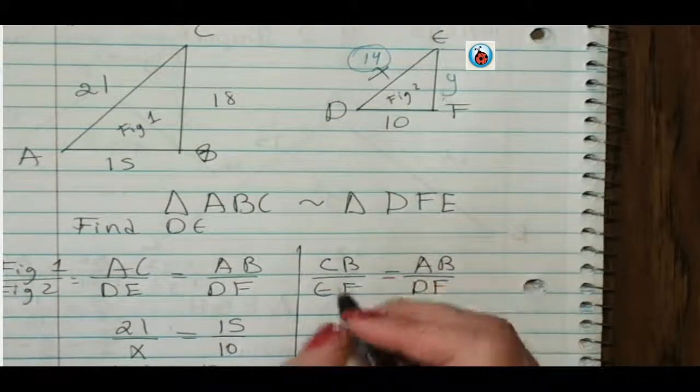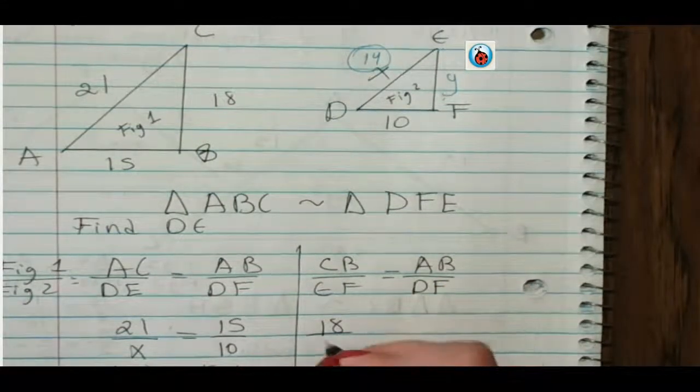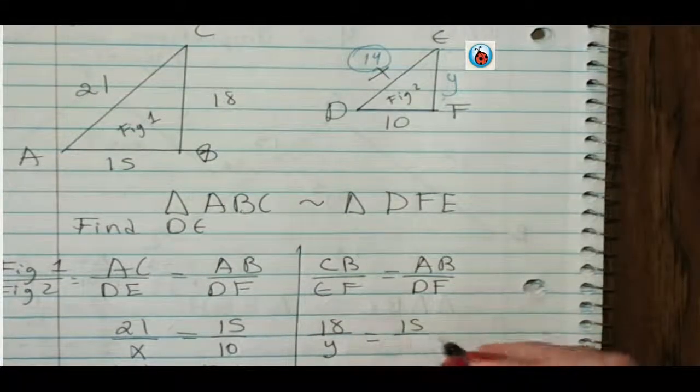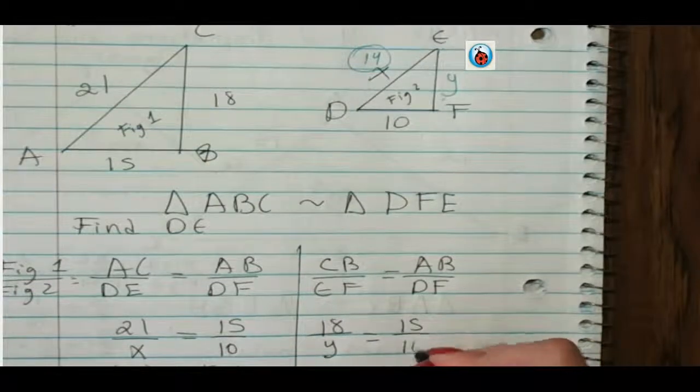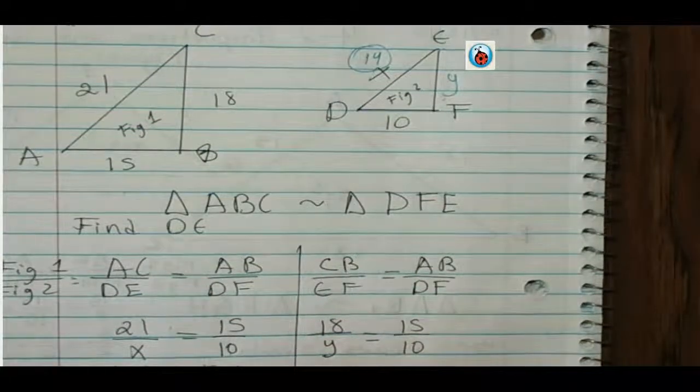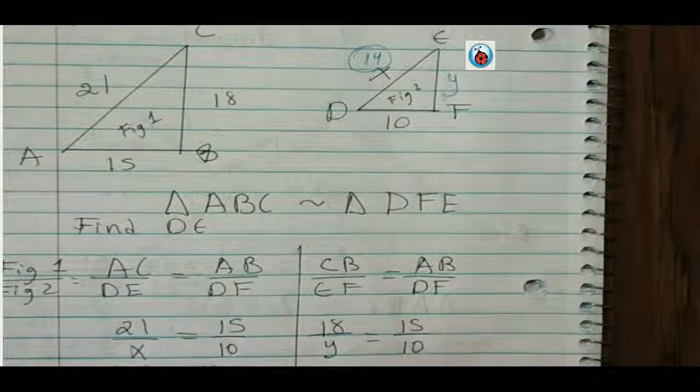So if CB is 18, EF is Y, that's what we're looking for. AB is 15 and DF is 10. So we can do the same. 18 times 10 is equal to 15Y.